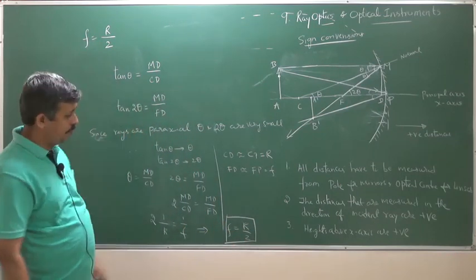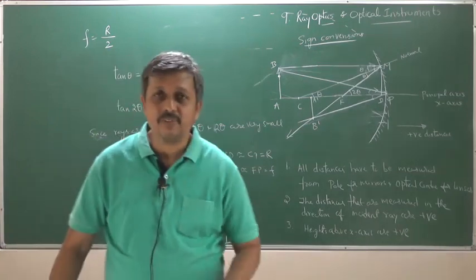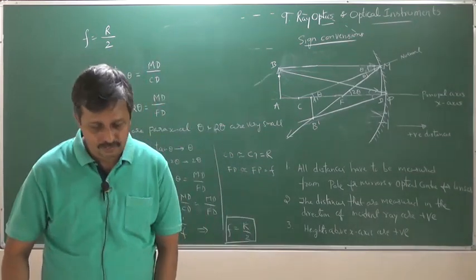So this is the proof. You can prove geometrically why F is equal to R by 2.